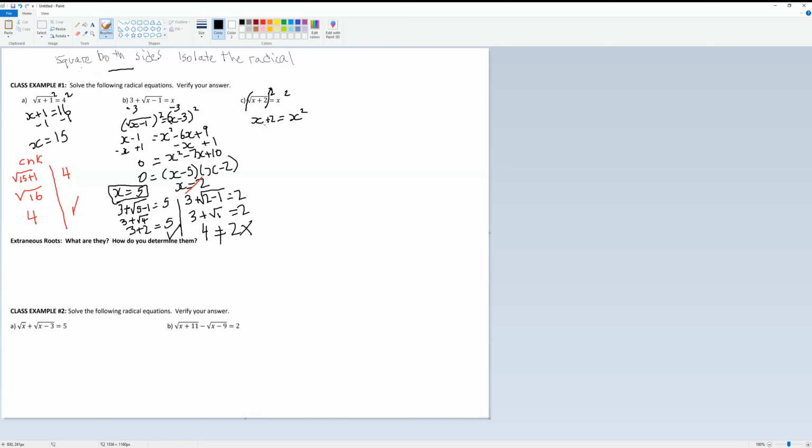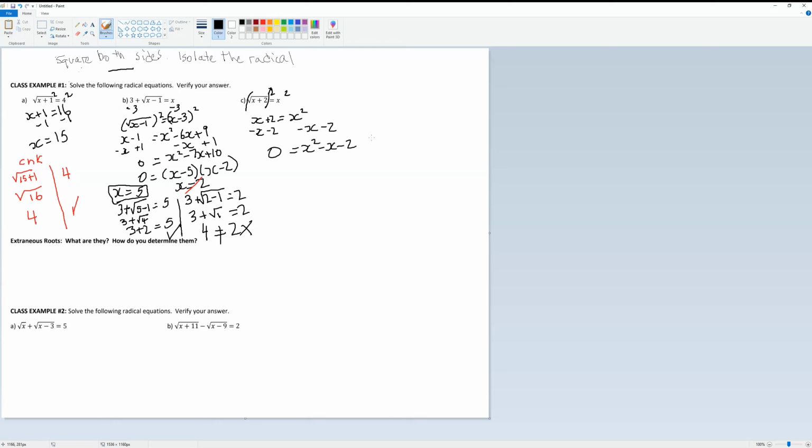Now let's group things together. I'm going to subtract x and subtract 2 from each side. So we get 0 equaling x squared minus x minus 2.